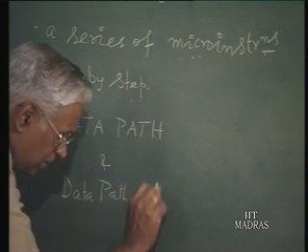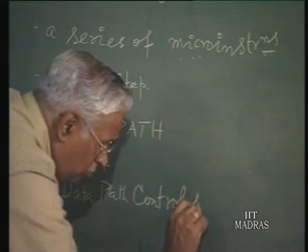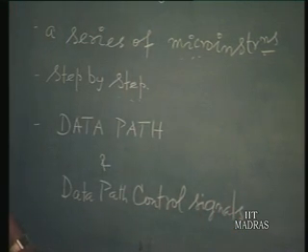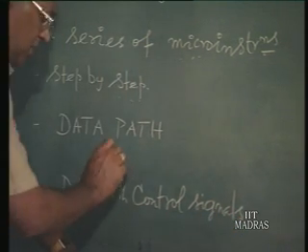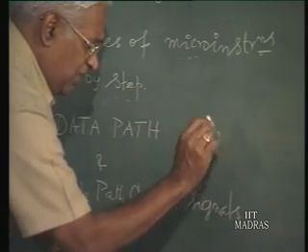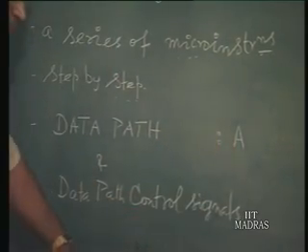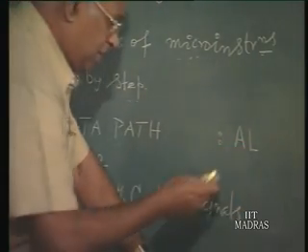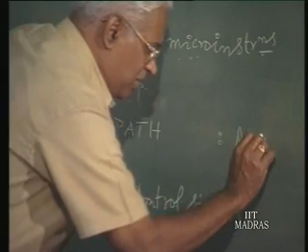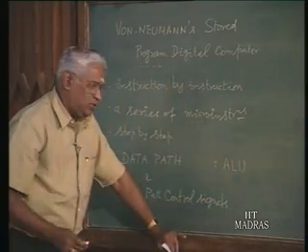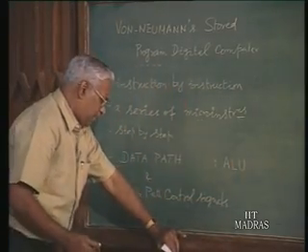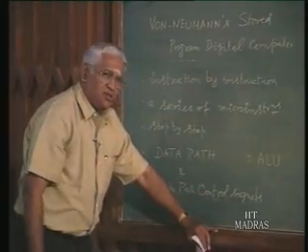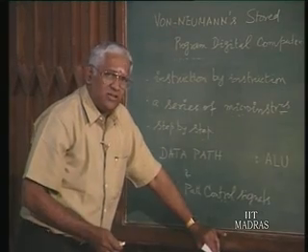Okay. Now, there are two parts of the processor. One, which is essentially concerned with the data path, will include the necessary arithmetic and possibly logic circuits, and specifically one component will be called an arithmetic logic unit. Okay. This is one part of the processor. The other part of the processor is concerned with issuing the necessary control signals.